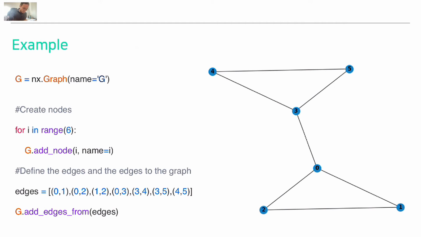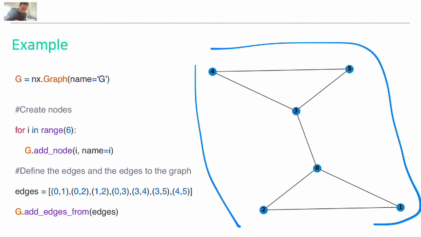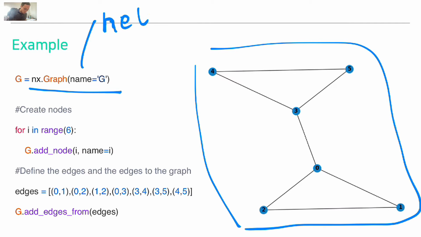Let me give you the actual example. This is a very simple input graph data. We define the graph using the popular Python graph network library, which is called NetworkX.